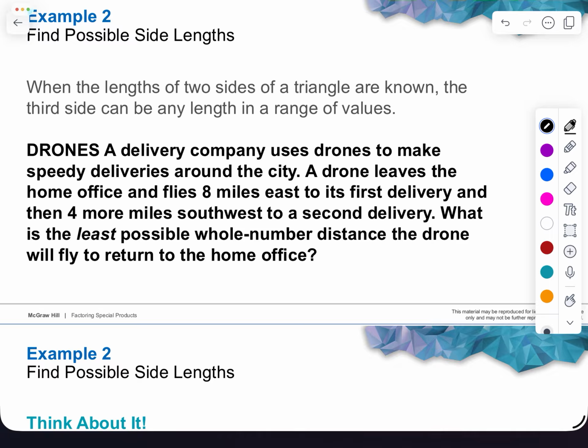So it leaves home office and flies 8 miles. So here's home. It goes east, this way, 8 miles. And then 4 more miles southwest.